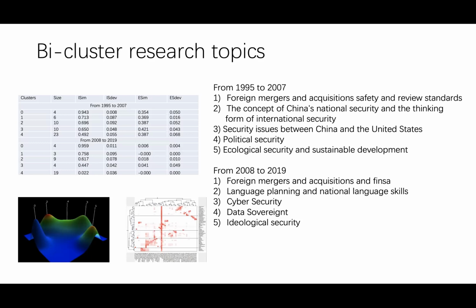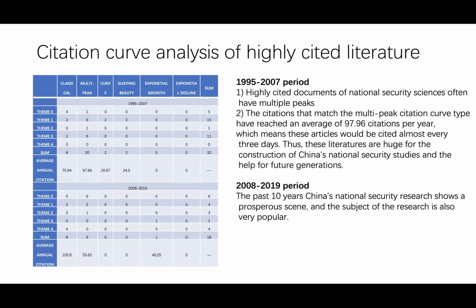And third, I conduct the citation curve analysis of highly cited literature. Because every paper has its own life curve, I adopt the method from Zheng Ji's summary of the modern classification of citation curves, and I put the result on the left side. It includes the classical, the multi-peak, the sleeping beauty and such classifications.